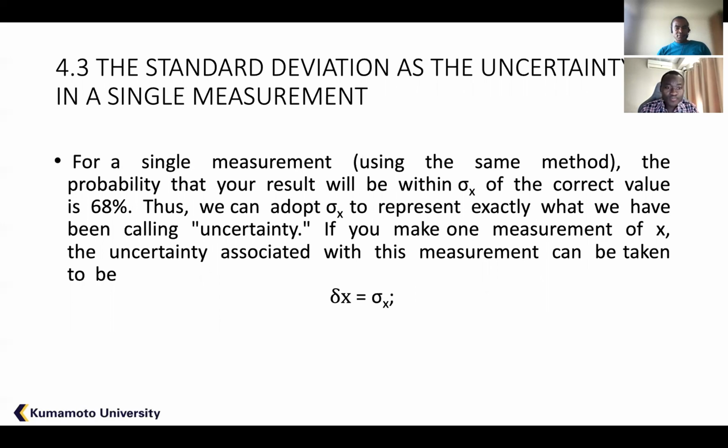And so we can adapt the standard deviation to represent exactly what we have been calling the uncertainty. So that means that when we have a single value, we can accept the single value as our true value with an uncertainty of 68%.